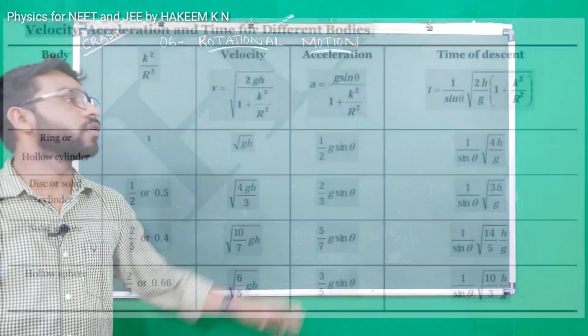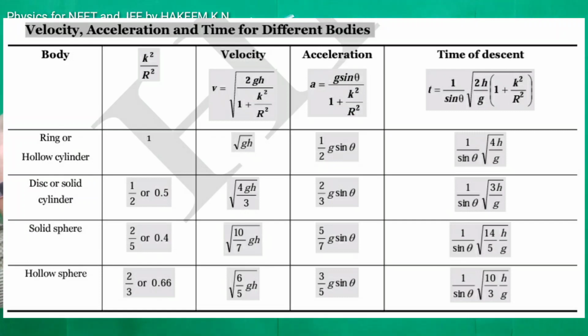Here is one more table for you to understand the concept of rolling. You can see, for a ring or hollow cylinder, k square by r square is 1. Velocity equation is root of 2gh by 1 plus k square by r square. For ring we will give k square by r square as 1. So 1 plus 1 is 2, that will be cancelled. So for ring velocity will be root of gh.